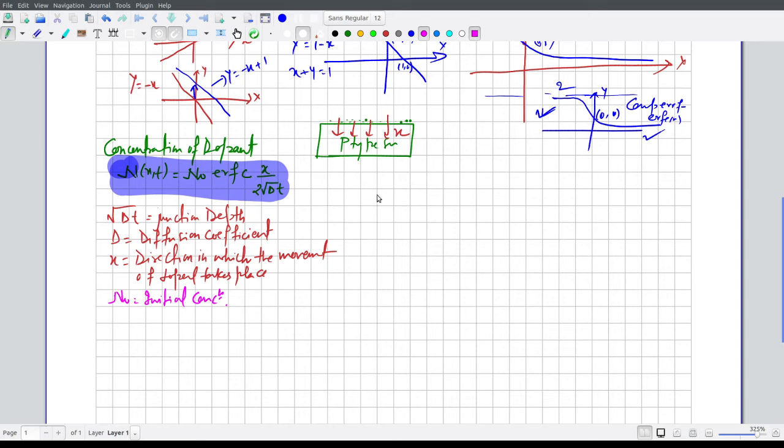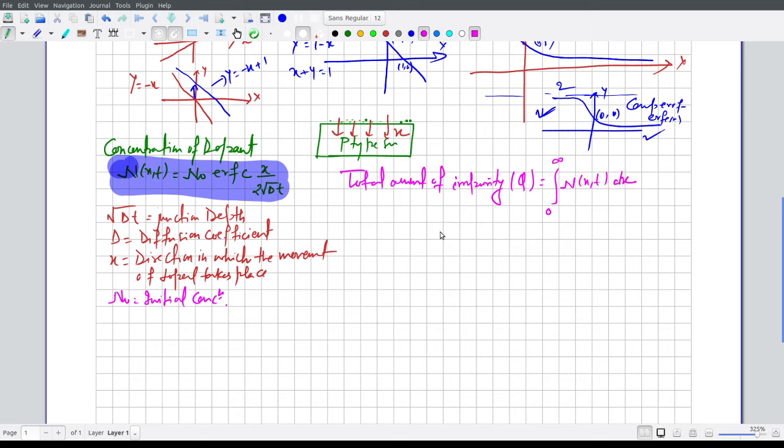So if we have to find the total amount of impurity, that is denoted as Q. This total amount of impurity is simply your integration 0 to infinity n(x,t) dx.